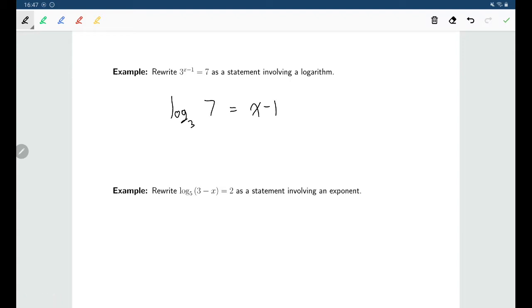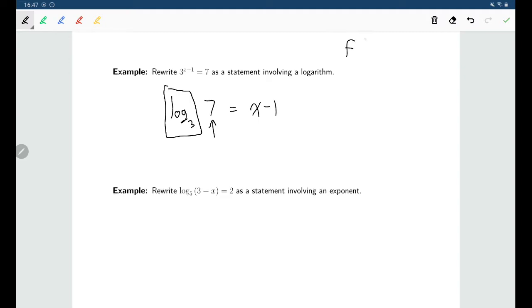I want to be clear here just as far as notation goes, because this is different than something we've seen before. You might think that something needs to be done algebraically, combining the 3 and the 7, and the answer is no, there's absolutely nothing that we have to do with the 3 and the 7 to combine them in any way. The log base 3, that's the name of our function, and 7, that's the input for our function.